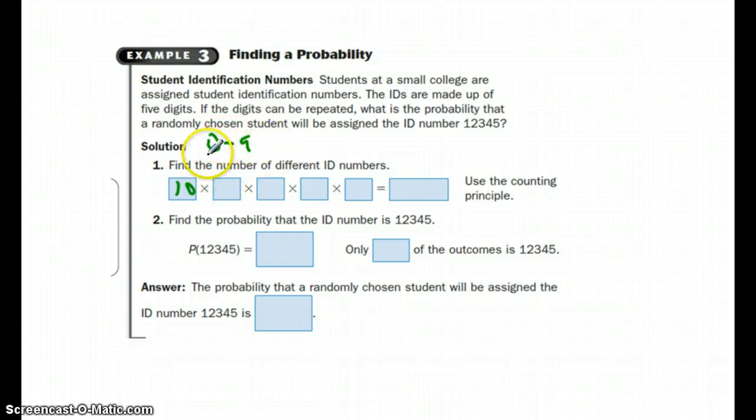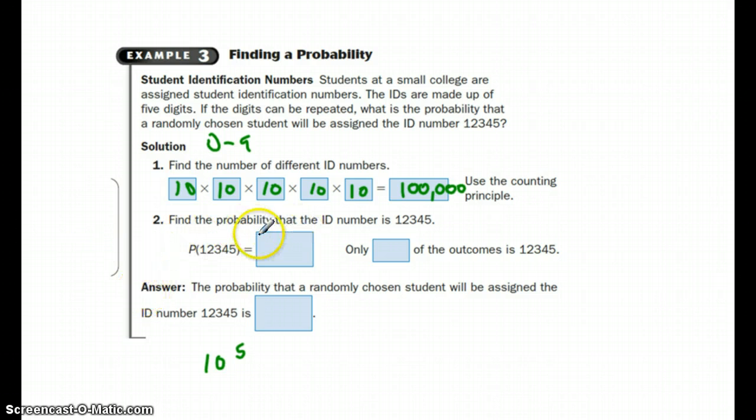And for the number of possibilities, we're going to take 10 times 10 times 10 times 10 times 10. And so we have 100,000. And this would be 10 to the 5th power here.